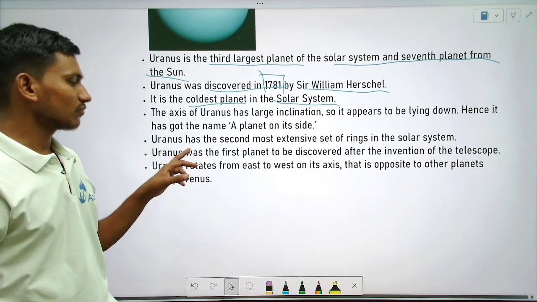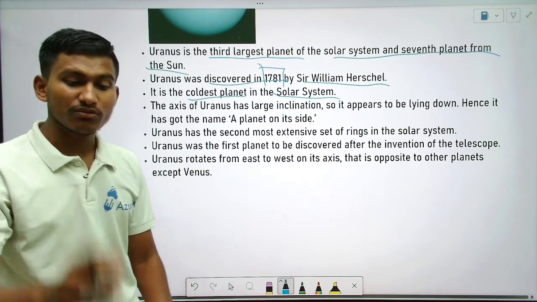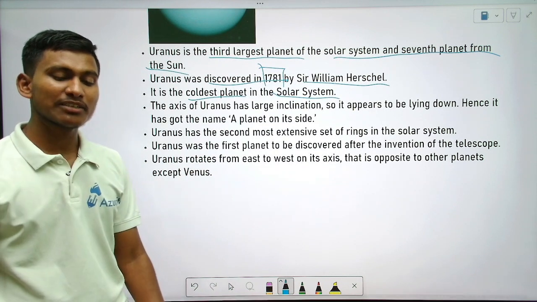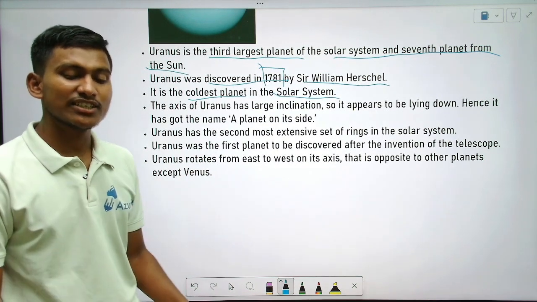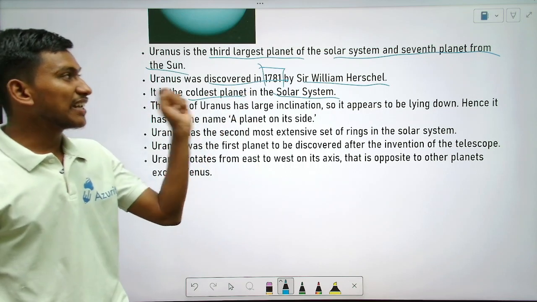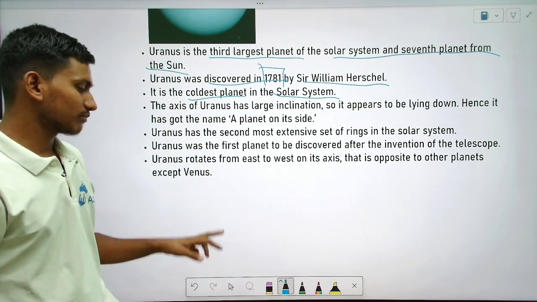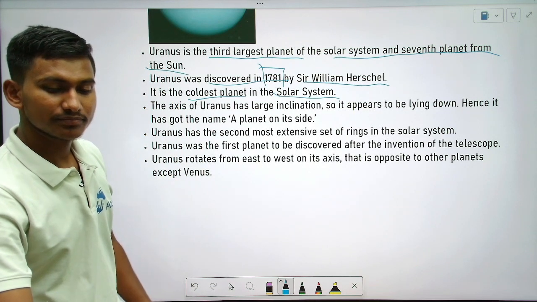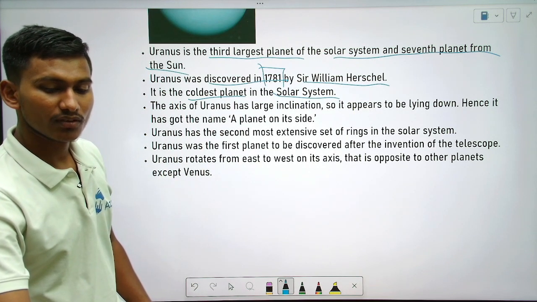So which planet do we say as the winter planet? Tell me. We say Jupiter because it is cold. Okay, so the coldest planet is Uranus. How can we say it is an ice planet?